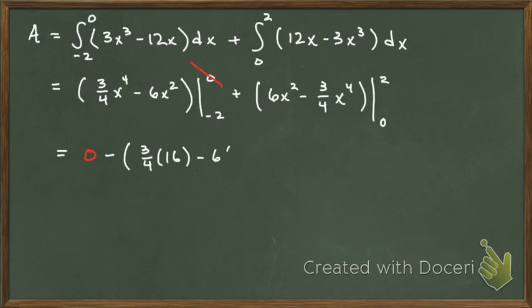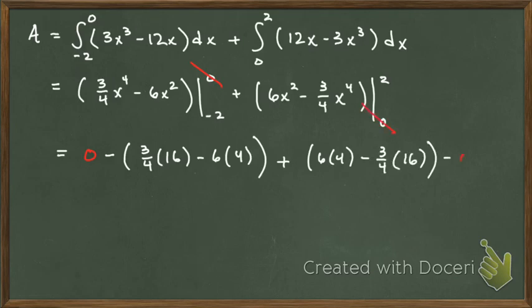Because each term has an x. So that's 0 minus what I get when I plug in -2. Plug in -2, I get -2 to the fourth is 16, -2 squared is 4. I'll crunch those numbers in a second. Plus, what I get in the second integral, when I plug in 2, I should see a 6 times 4 minus 3/4 times 16. And again, plugging in 0 doesn't give me anything useful.